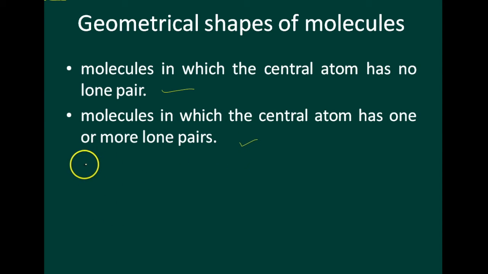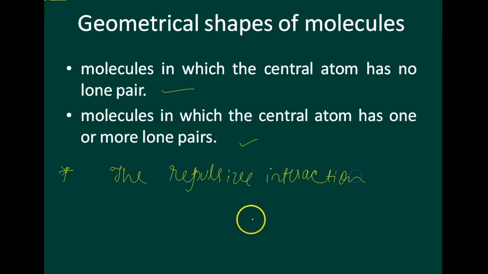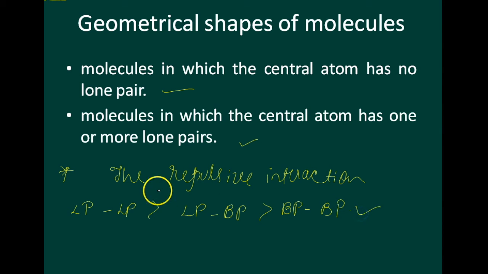You should know the repulsive interaction of electron pairs decreases in the order: lone pair-lone pair, then lone pair-bond pair, then bond pair-bond pair. So the repulsive interaction decreases in the order like this.